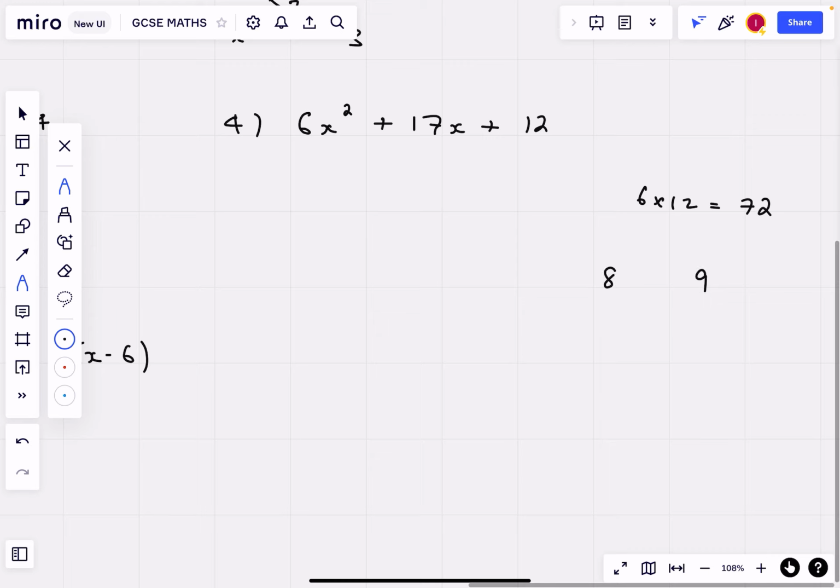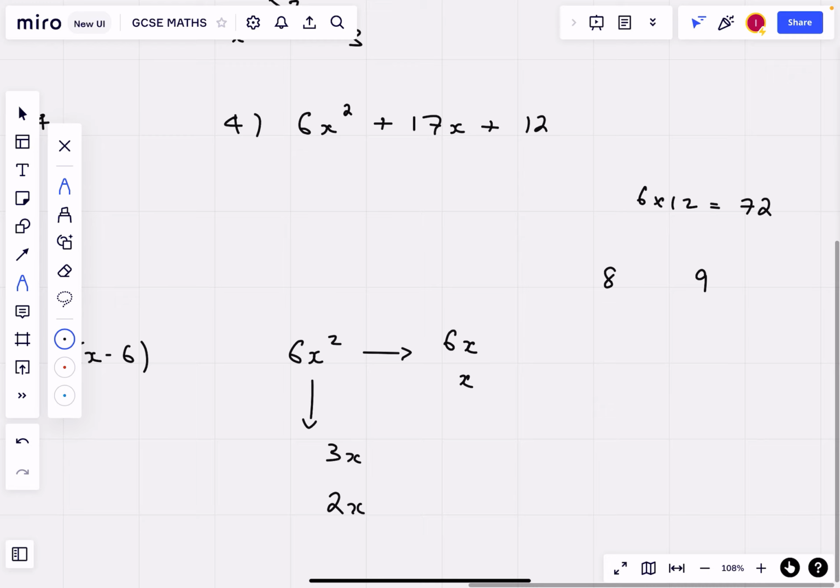Now, you can split 6x squared 2 different ways. You can split it into 6x and x, or you can split it into 3x and 2x. Both of those give you 6x squared when you multiply.